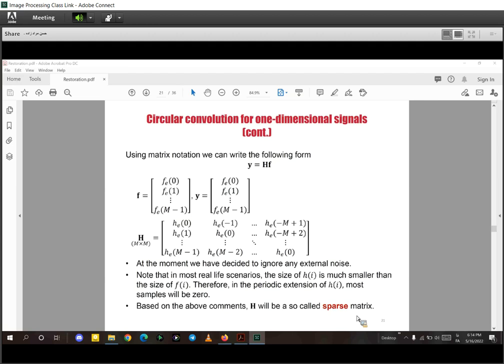In Persian we say tonok, or I don't know what we say in Arabic, for example, like a desert, or empty. That's right. This H is called a sparse matrix.